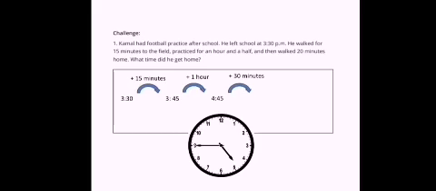The long hand will go 30 minutes. Starting from here, we will count 30 minutes. 5, 10, 15, 20, 25, 30. So my long hand on the clock will go from 9 to reach 3. That means he stopped at 5:15.